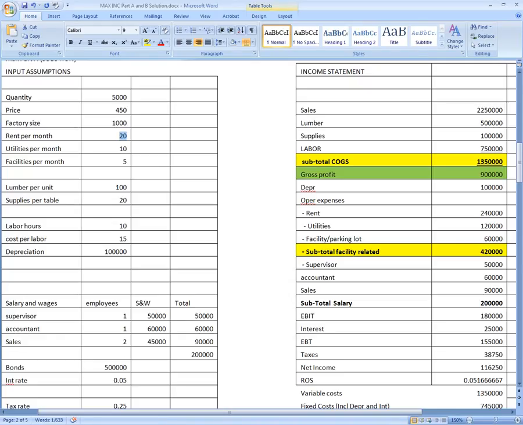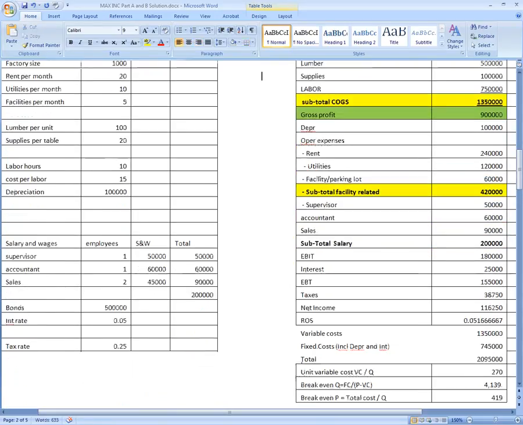So your rent's calculation in this cell will come from the factory size times the cell where you have the rent per month times 12, because there are 12 months in a year. We do the same thing for the utilities and the parking facility, and that's how you get the cost tied to the factory size and the rent per month, the utility per month, and the facility per month.